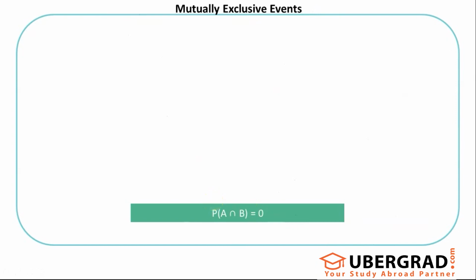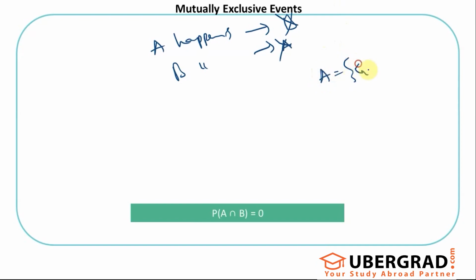Then there's something called mutually exclusive events. That is, if A happens, B cannot happen, and if B happens, then A cannot happen. These are called mutually exclusive. Only one of the two can happen. Let me define A as getting an even number in a roll, and B as getting an odd number in a roll.